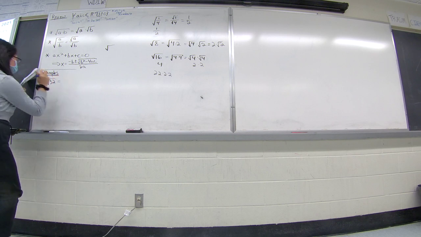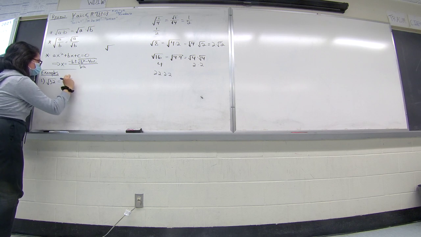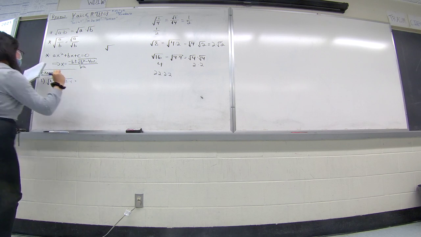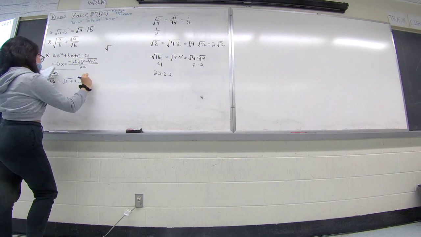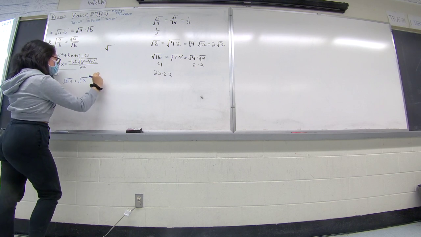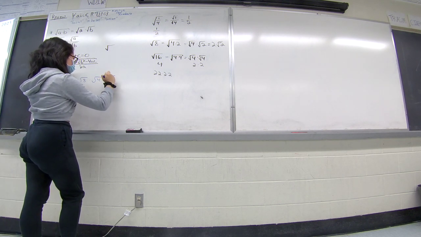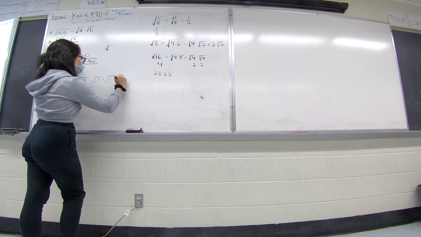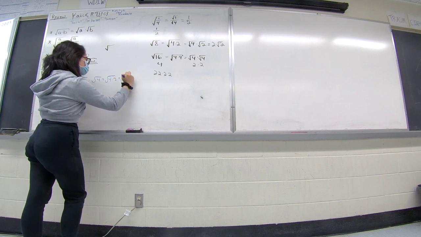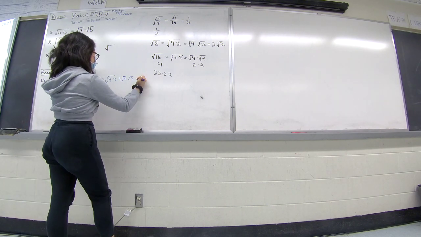Here, what's that? So this is 2. So you can rewrite this line right here. It's 2 times the square root of 8. Yeah, don't erase it. Oh, you can erase it. Yeah, that's 2 times the square root of 8.